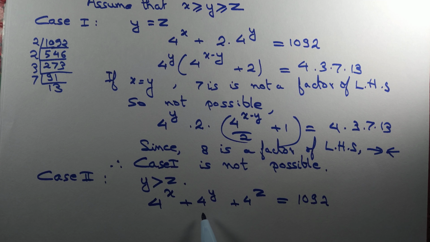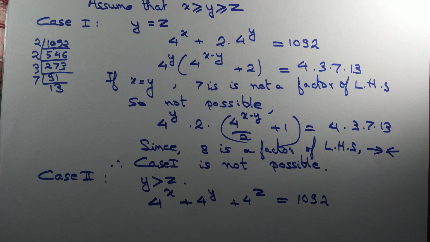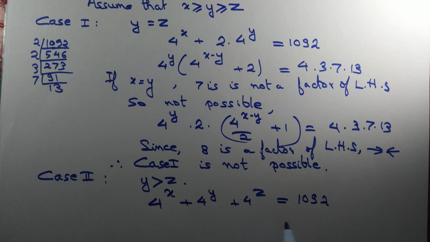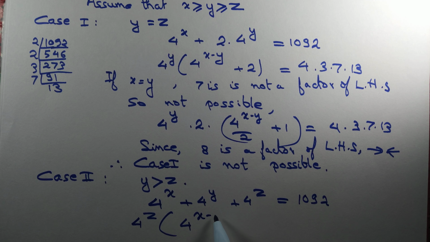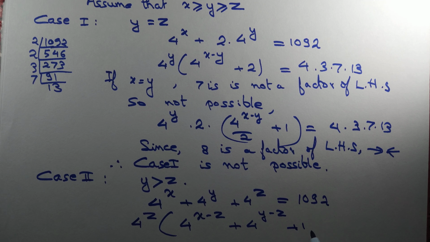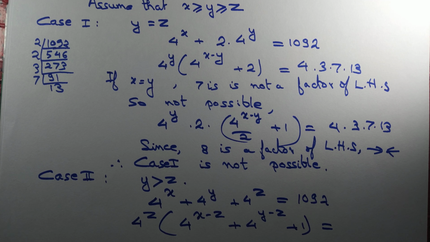So 4^y and 4^z are not equal. Let's take 4^z common from this expression: 4^z times (4^(x-z) + 4^(y-z) + 1) equals 1092.